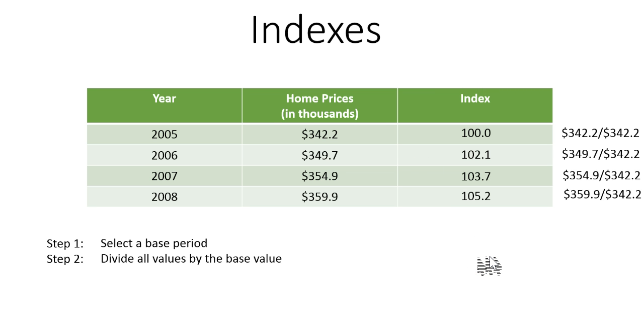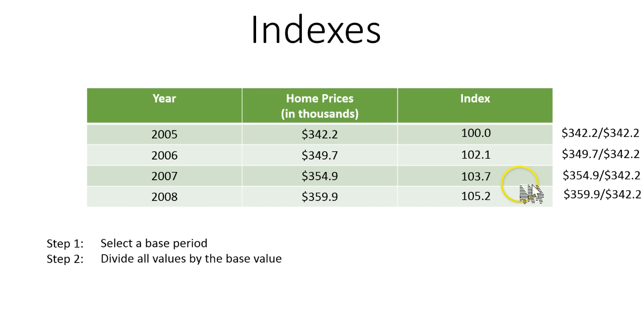Basically, the value you get from creating an index is that it's very easy to see how your raw data changes over time or in relationship to the base period. For example, from 2005 to 2006, it's quite clear that home prices increased by 2.1%, because we went from 100 to 102.1.